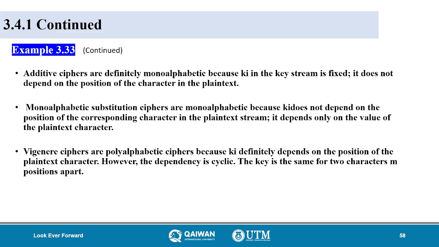It depends only on the value of the plain text character. Vigenère ciphers are also polyalphabetic ciphers because key ki definitely depends on the position of the plain text character. However, the dependency is cyclic, and the key is the same for characters m positions apart.